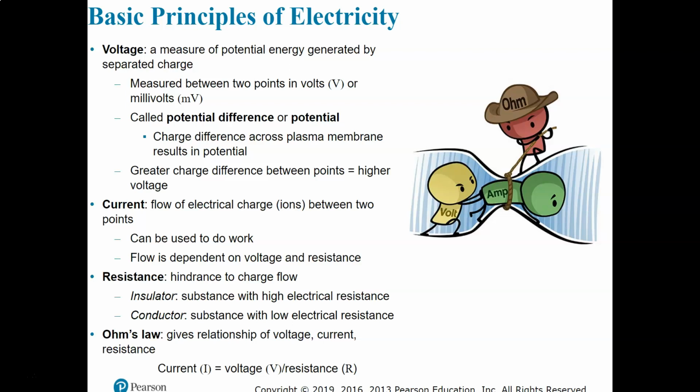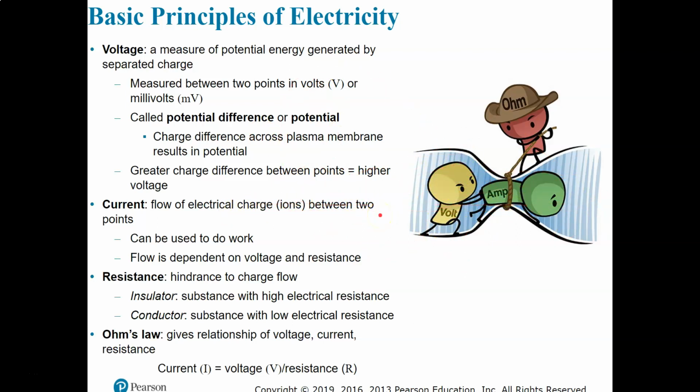So we are going to measure our membrane potential in voltage, specifically in a unit called millivolts. The more difference we have in charge, the more energy we have pushing charged particles from one end to another. So here we have voltage, and you can see the voltage is trying to push our particle through.